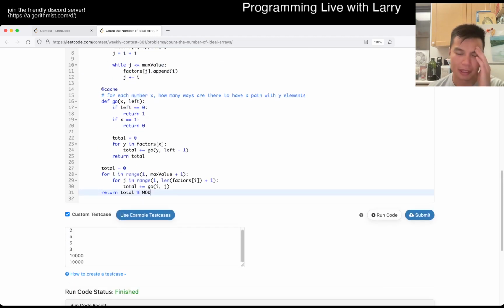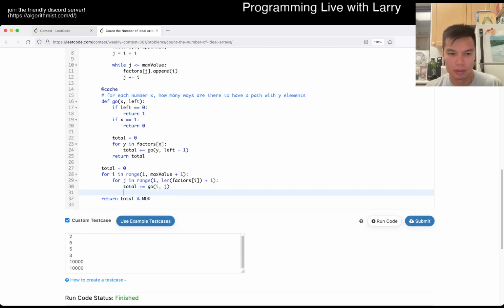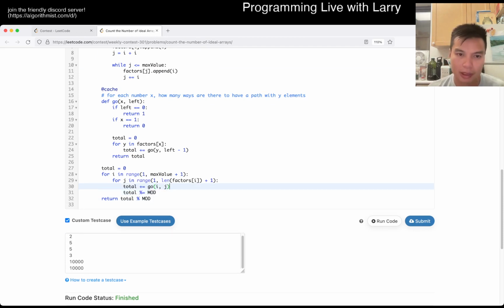Okay, so then that means there's this amount, and then it's this amount times basically choose of this, i plus 1 bars and then j, maybe something like this.